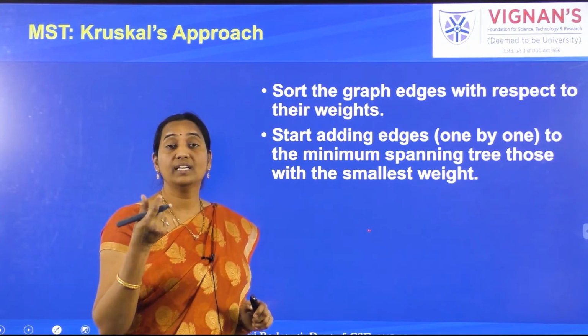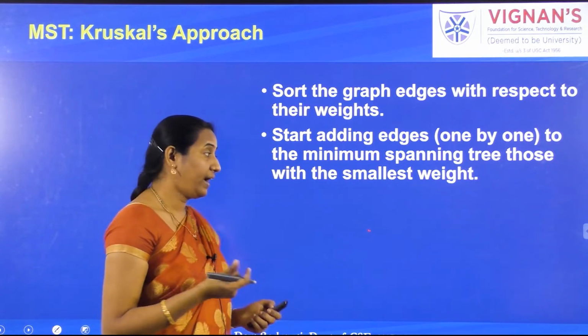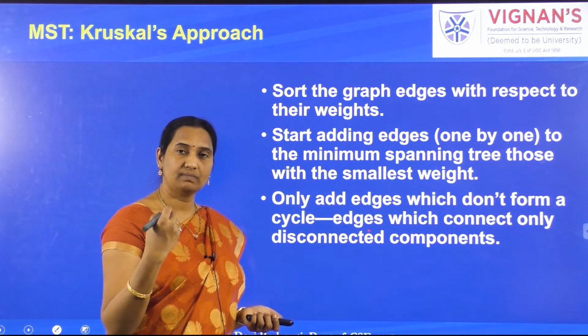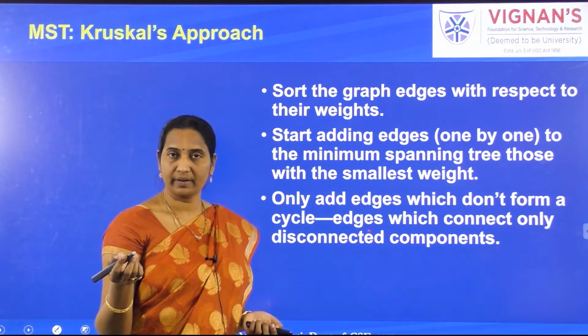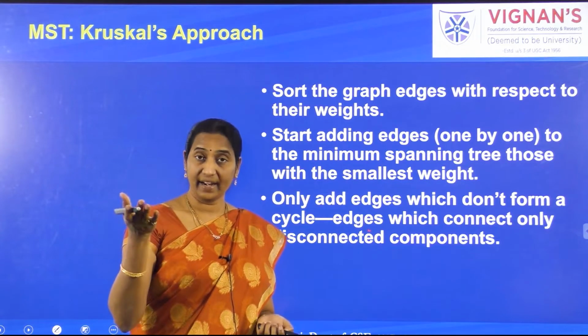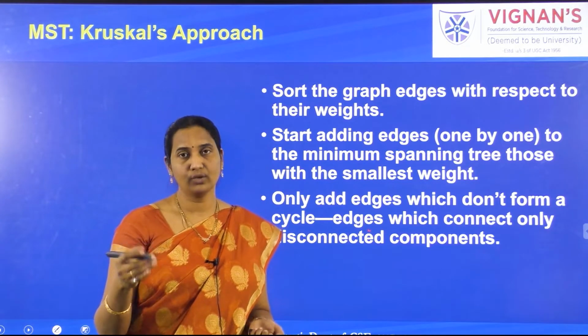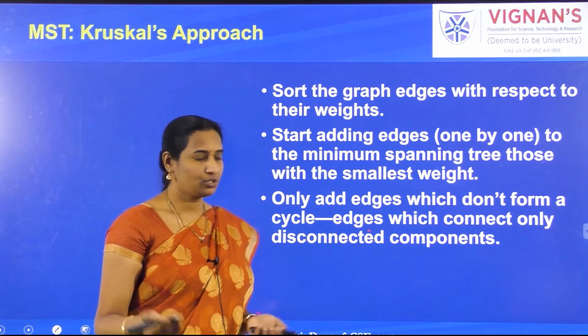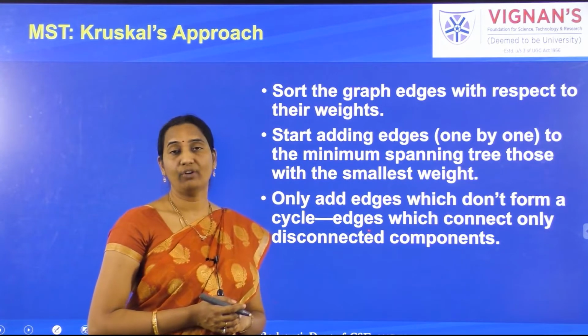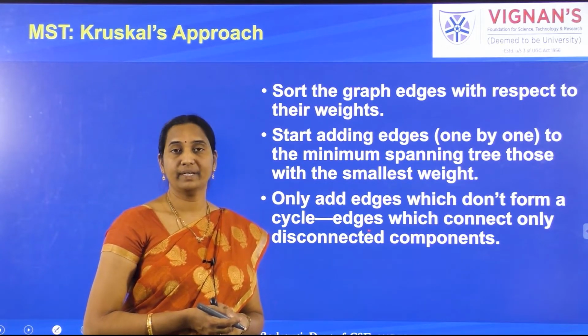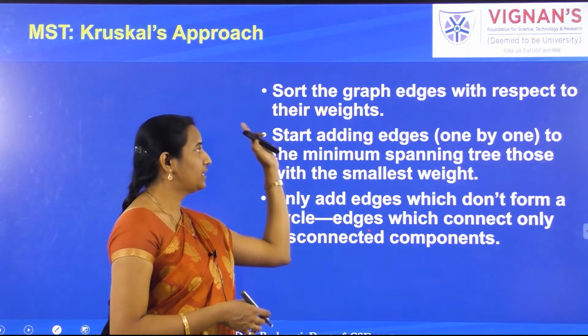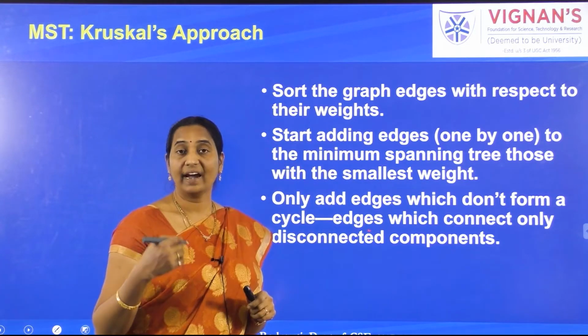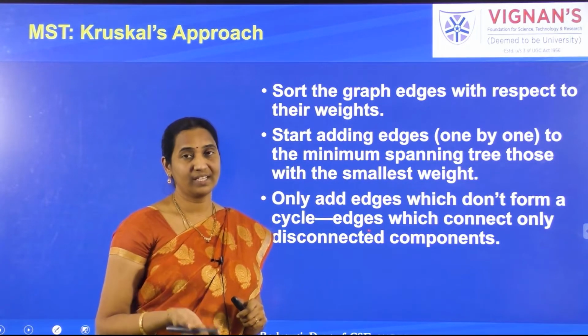The ones with the least cost you consider first. But can you simply add the smallest edges? It's not possible, right? Only if the newly added edge is not forming any cycle can you add it. So these are the three steps to solve the MST problem using Kruskal's algorithm: sort the edges and add them one by one such that there are no cycles in the graph.